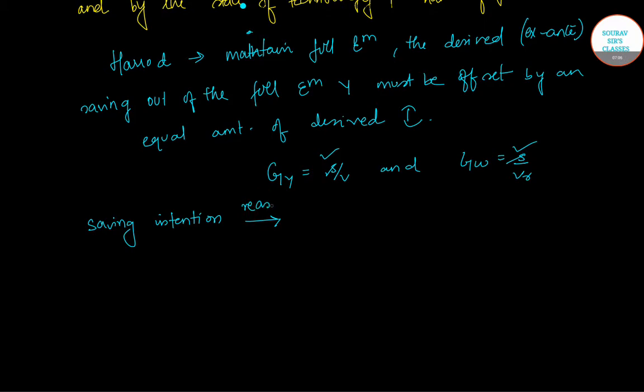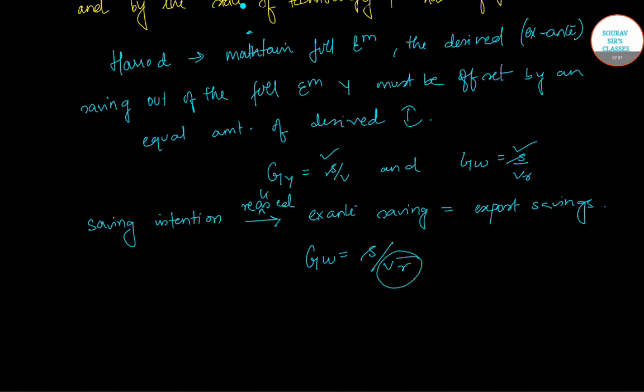And why is it so? So that ex ante savings are always equal to ex post savings. Thus, Harrod is able to show that for dynamic equilibrium, we must have GW equal to s by VR. Now this VR in the second growth equation differs from V, which is there in the first growth equation.